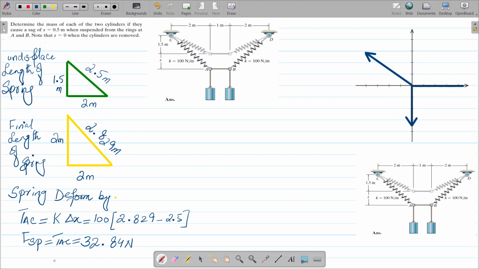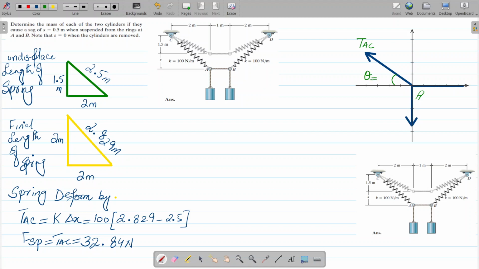Just considering, as we have told, we'll consider the left hand side. We can say this is our point A. This is going to be our spring force, which is T_AC, the final position of the spring, and we are interested in the angle theta.